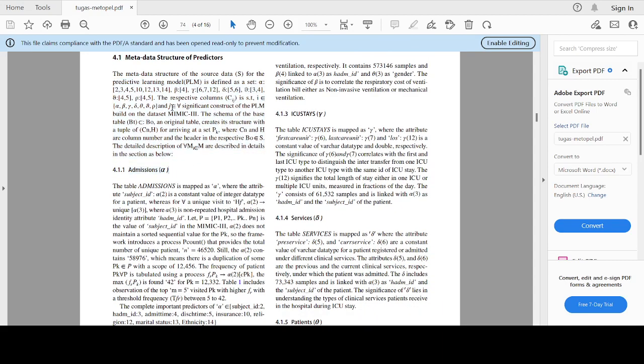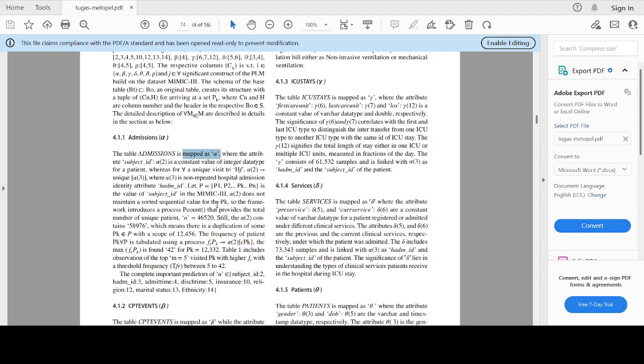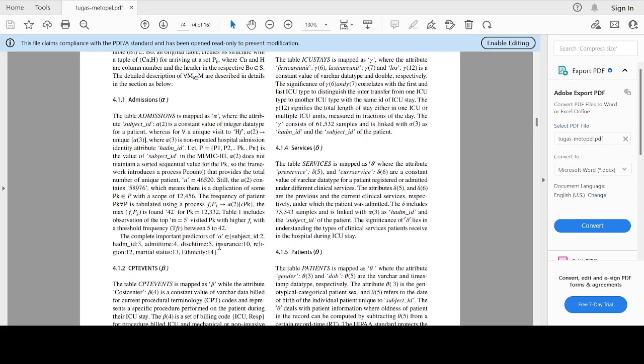Yeah, this is the symbols description too. Admission alpha is mapped as alpha. Okay, this is the description. This is HADM ID, subject ID.